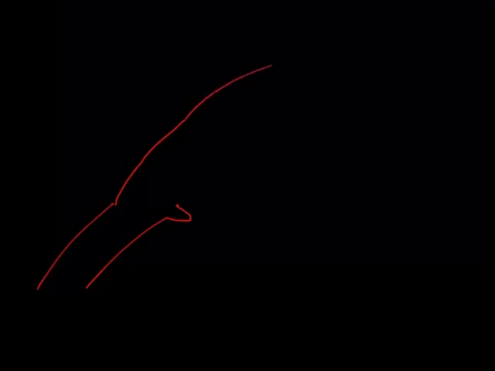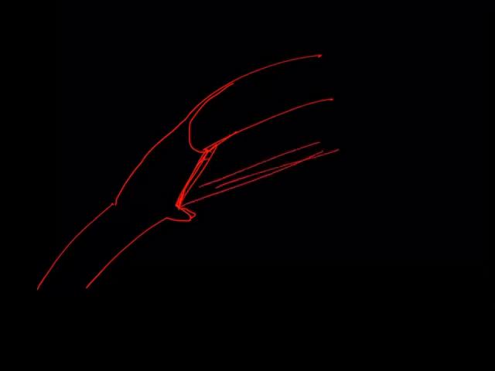Now if this is the sclera and it forms a scleral spur, and this is the cornea, and this is where the cornea ends. This is the scleral spur, and this is where the trabecular meshwork starts.